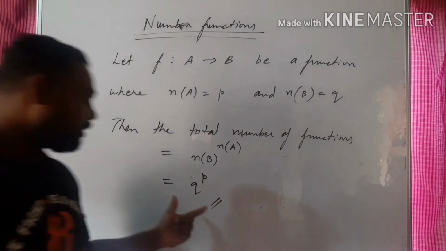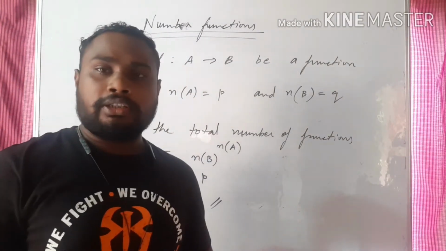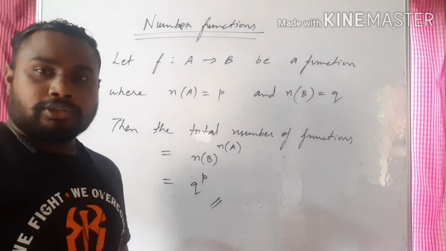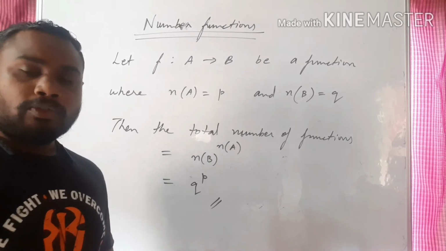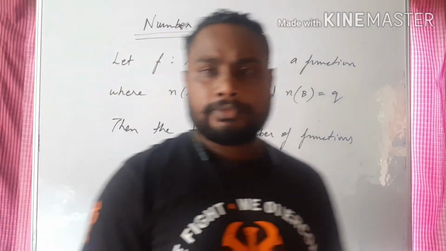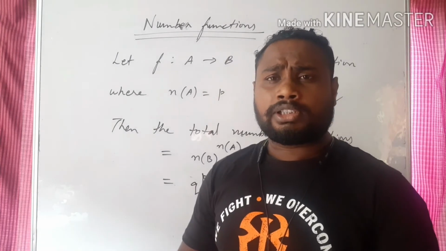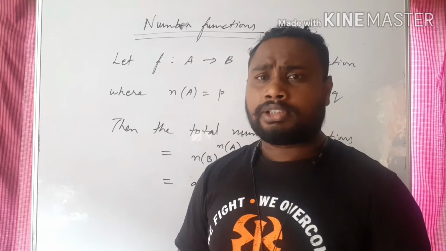You'll have to remember this formula, and whenever a question is asked, you can use this formula and you will get the answer. So do remember this formula. Now we will see the number of one-one functions, onto functions, and bijective functions.